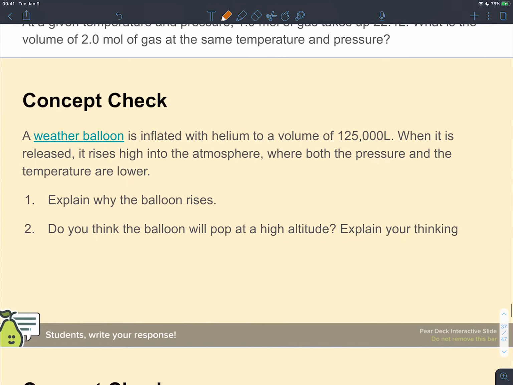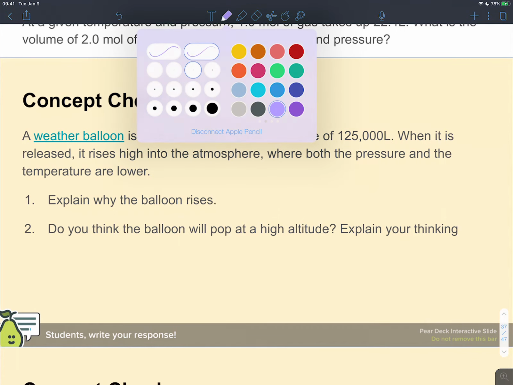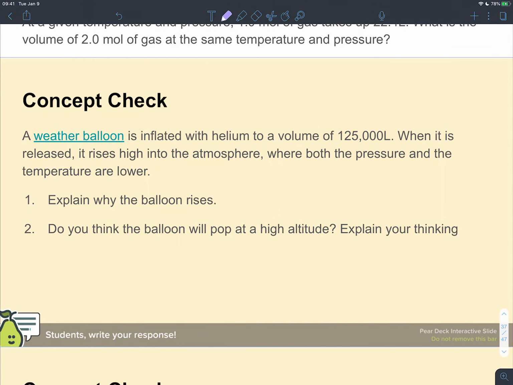So here's a check. Again, you can pause and think about this question, and then I'll go over it. Okay. A weather balloon is inflated with helium to a certain volume, and it goes up into the atmosphere.